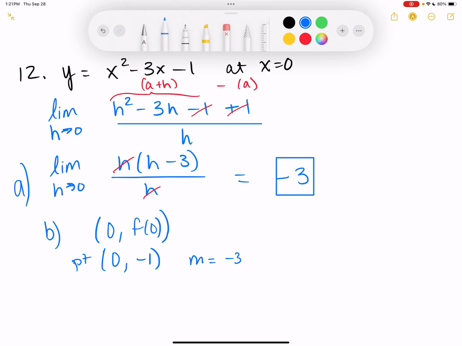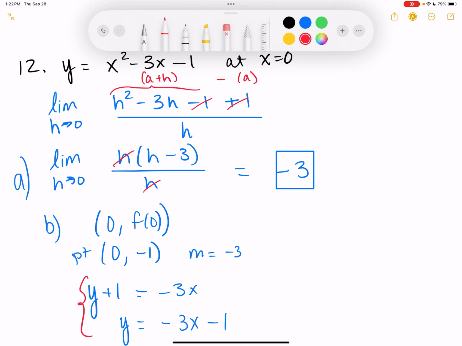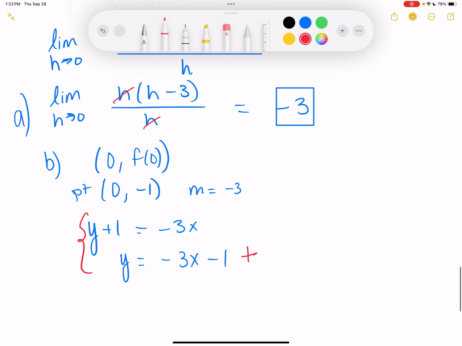So now, point slope form: y minus the negative, so plus 1, is equal to negative 3 times x minus 0. So I'm just going to write negative 3x. So y is equal to negative 3x minus 1. Again, either of these would be fine. This is my tangent line.